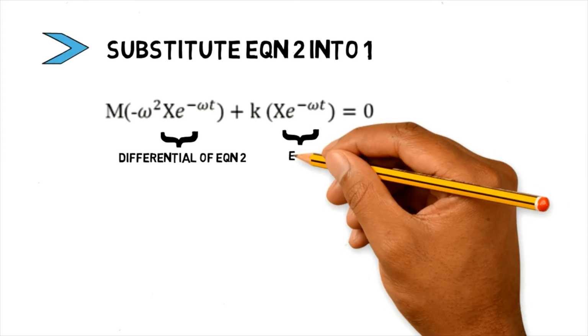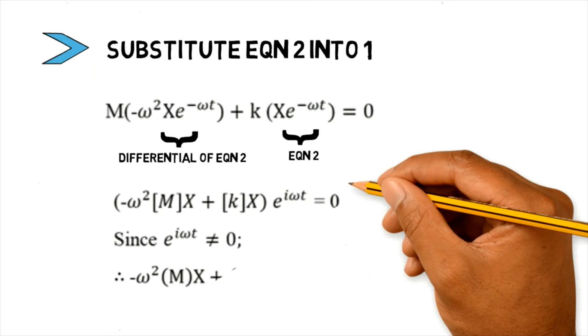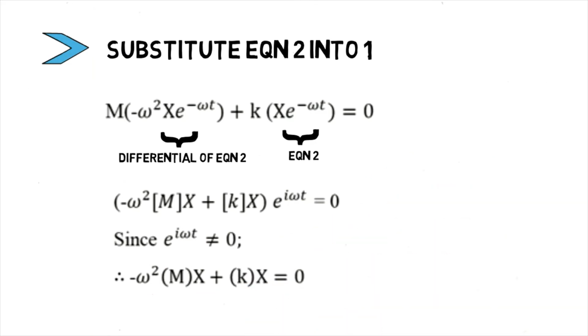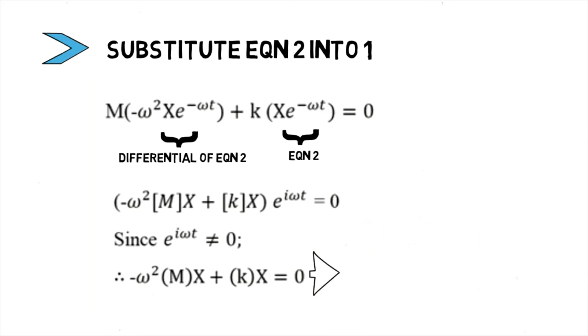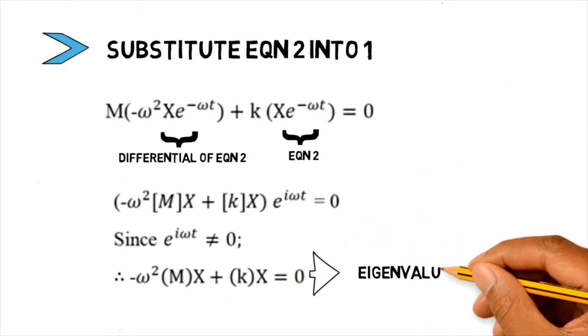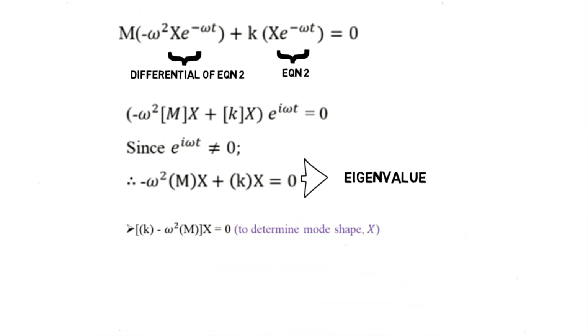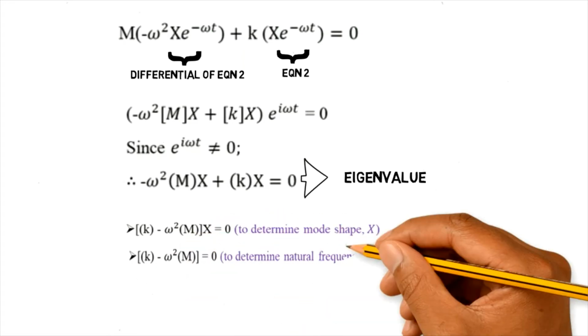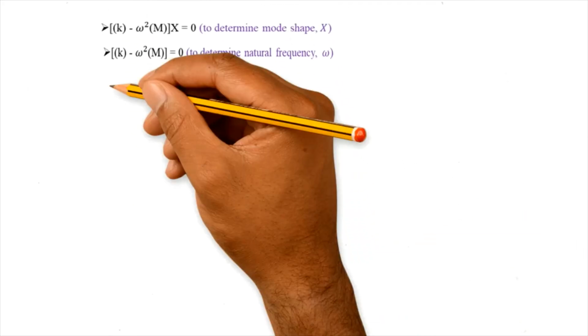The equation is then simplified into the simplest equation, which is negative omega squared mx plus kx equals to 0, which also known as eigenvalue equation. From the eigenvalue equation, mode shape known as capital X and natural frequency, which is omega, can be obtained.